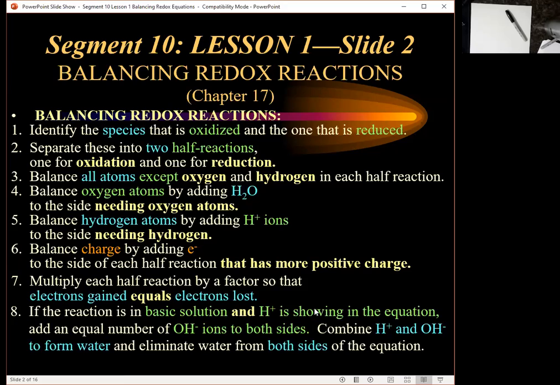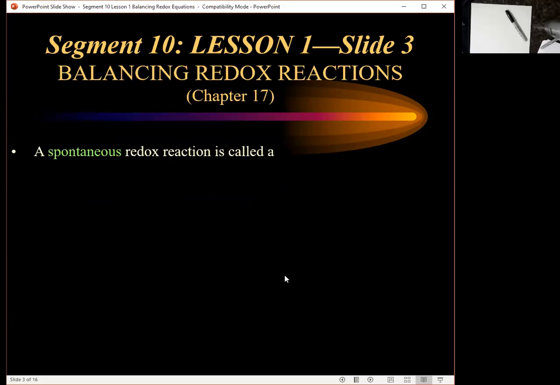And that is okay in basic solution to show hydroxide ions. If it's in acid solution, either as a reactant or a product, you can show hydrogen ions. Okay.